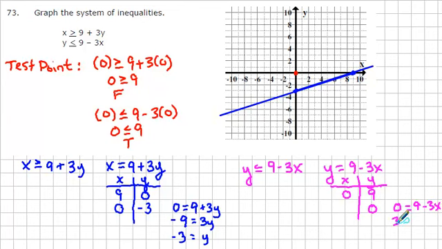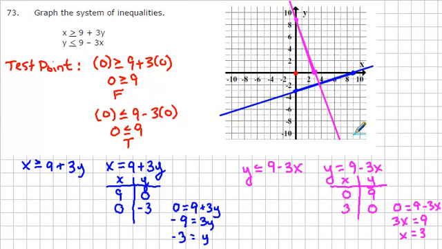Add 3x to both sides. 3x is equal to 9. Divide both sides by 3. X is equal to 3. So this line has a y-intercept at the point 0, 9, and x-intercept at the point 3, 0. So we draw the line that goes through both of those points.